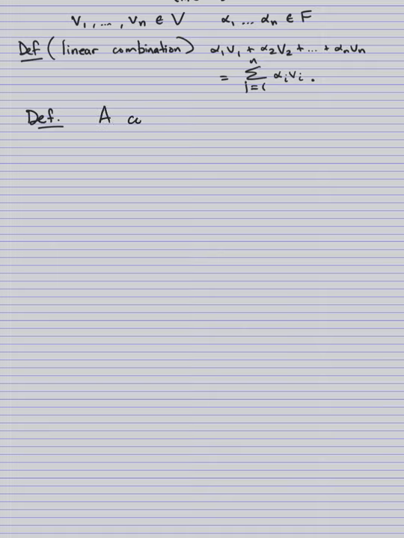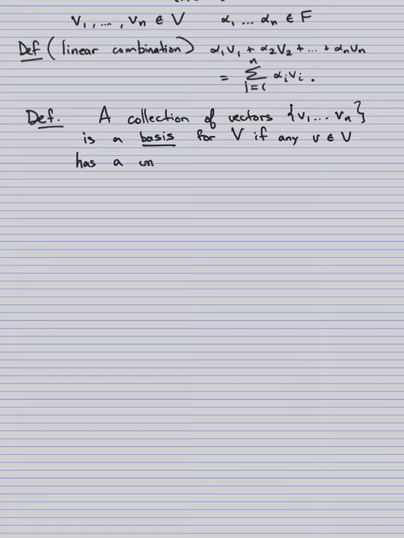A collection of vectors v1 up through vn is a basis for V if any other vector v in V has a unique, and this is important, representation as a linear combination of the v sub i's.